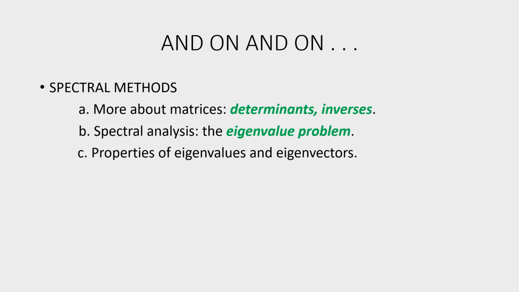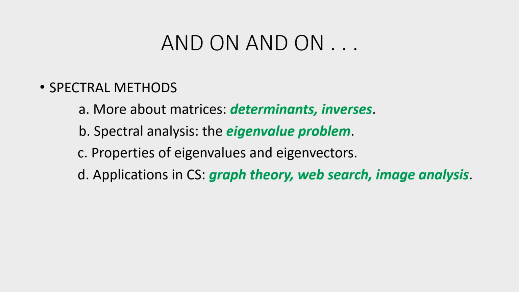I'll talk about properties of eigenvalues and eigenvectors. And then, as I've focused in previous areas, we'll look at the applications in computer science. So those come from graph algorithms, from web searching, from image analysis.